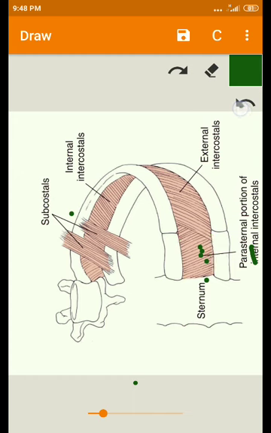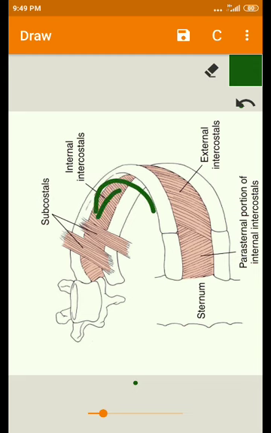So these parasternal muscles play a very important role in the quiet respiration. So parasternal intercostalis have a main role in respiration than the remaining fibers which are present around the rib cage.